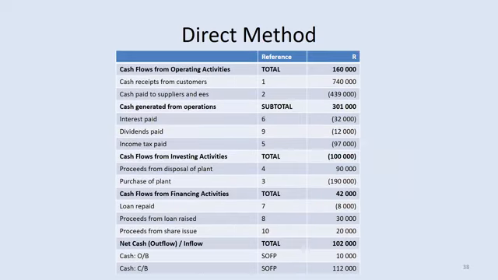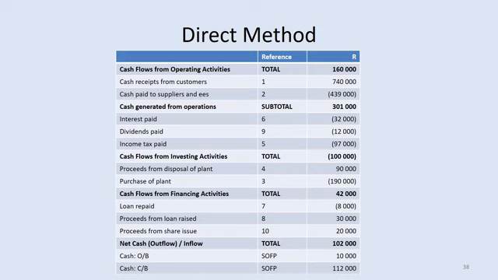We then look at our direct method. For this disclosure, we have our cash flows from operating activities, and this is going to be made up of a number of items. We start off with our cash receipts from customers, which is reference number 1 from our table, and we plug it in here. Cash paid to suppliers and employees, reference number 2, we plug it in there. That will give us our subtotal, the cash generated from operations.